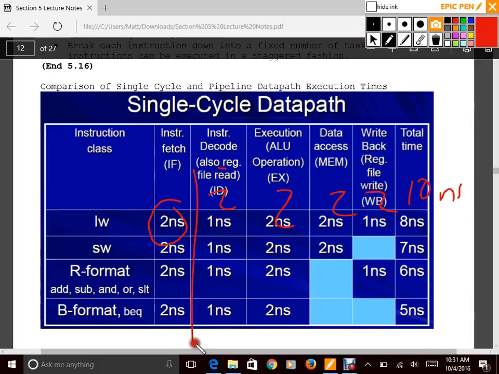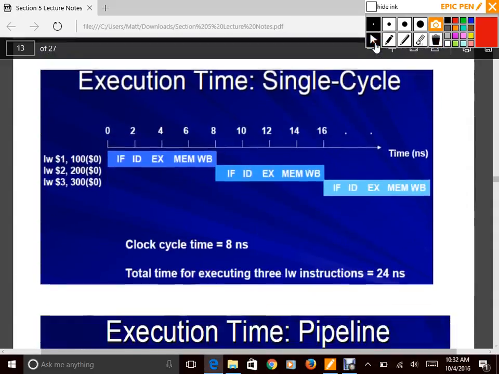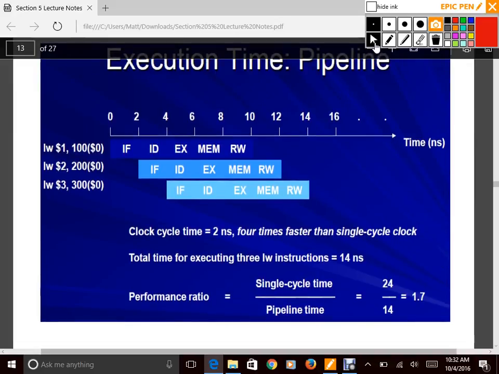But I have these registers in between each stage, right? So once I've moved this data on, I can reuse the instruction memory. I can just get the next instruction automatically. So what's going to happen here is this load word instruction is going to take 10 nanoseconds, but so is this one. But see how they're overlapping?